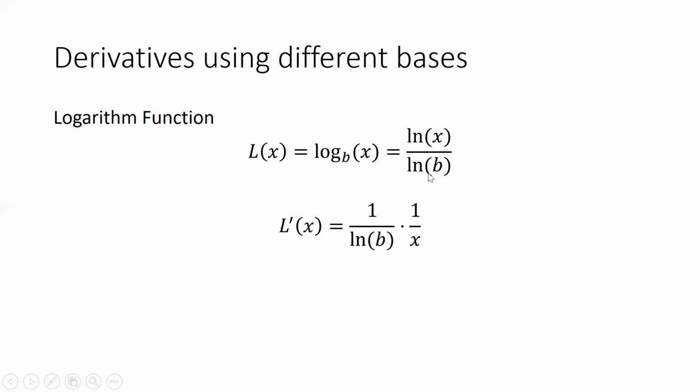Again, we'll use the natural log of b. So long as they're the same bases, we can do that. And then if I'm going to take a derivative, well, this is just the derivative of natural log of x divided by some constant. So this is just a constant 1 over natural log of b times natural log of x. And the derivative of natural log of x is simply 1 over x. So we take that constant times 1 over x.